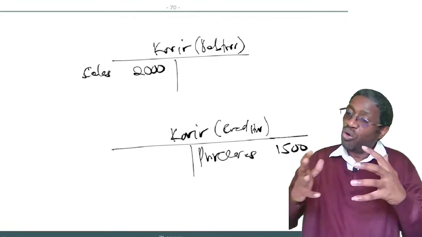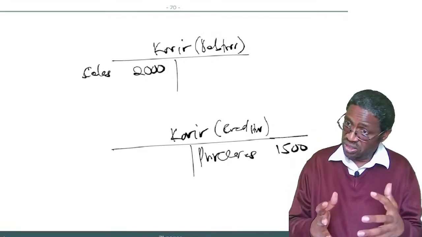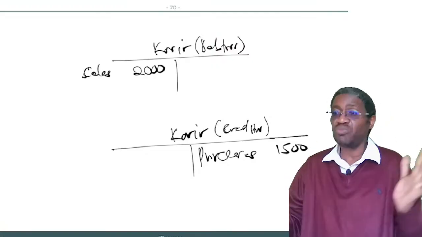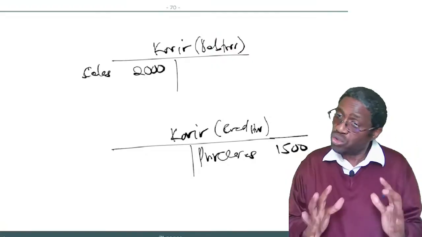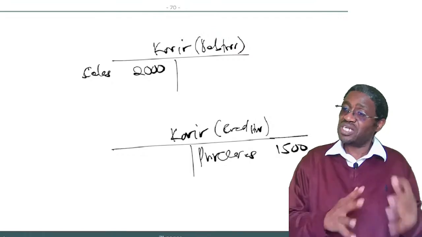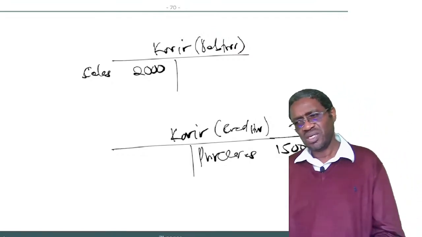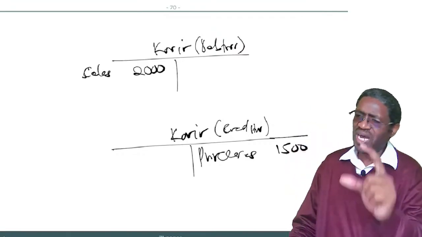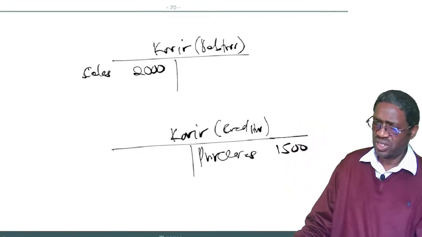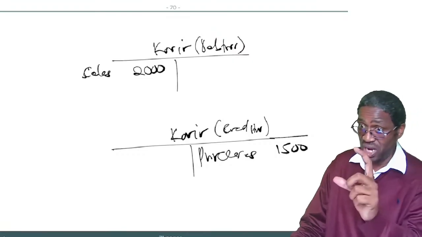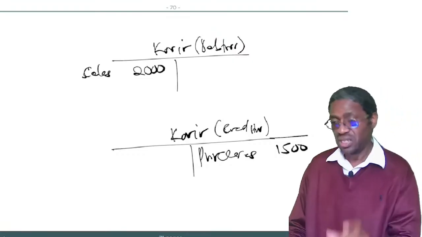If we owe the creditor, Coril, then we pay him 500 and that will be the end. If he owes us 500, then he pays us 500, that will be the end. So whenever one person is a debtor and at the same time a creditor, you offset the two balances.